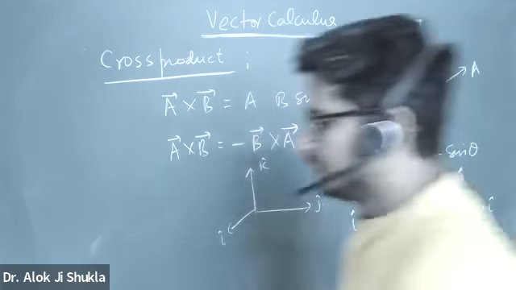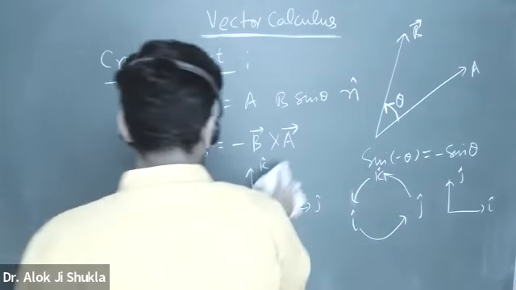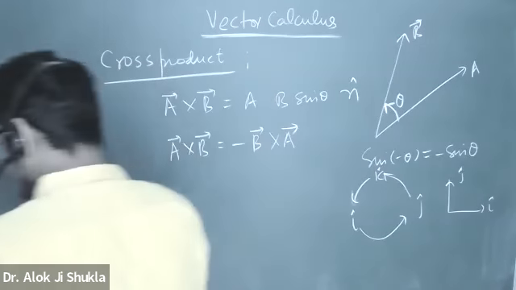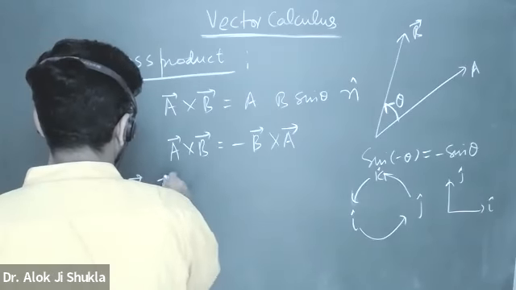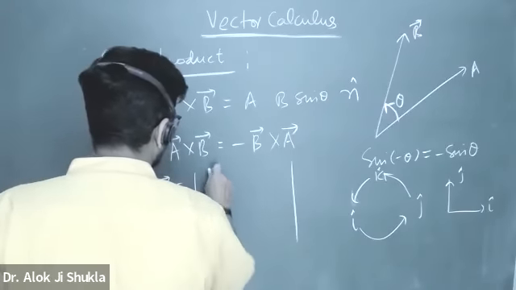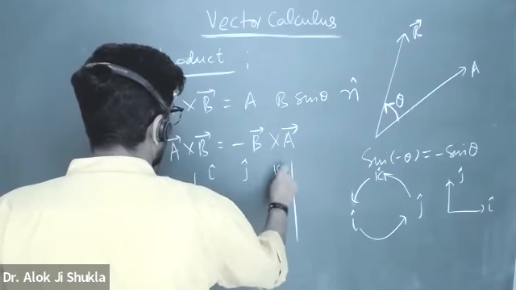And to get the value of A cross B, we can use this determinant. It is like this, it will be used too much.